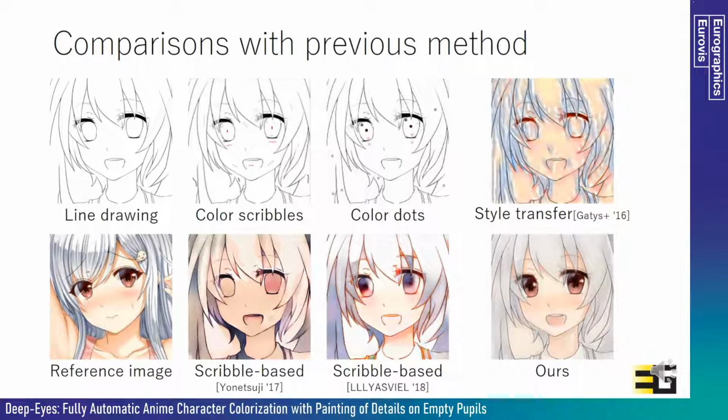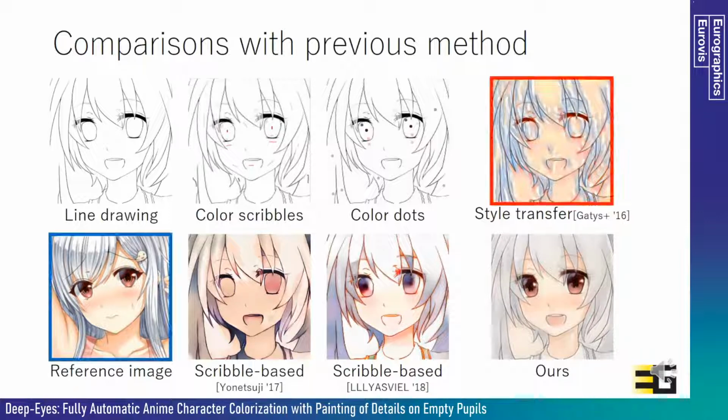Our method is compared with previous methods. Color hint is in the blue frame, and the colorization result is in the red frame. Previous style transfer methods fail to transfer details in the reference image.